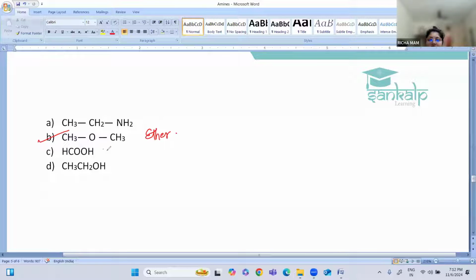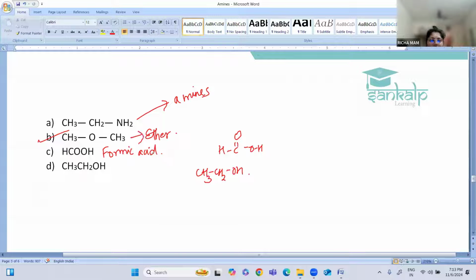So this is a formic acid. This is the alcohol. This is the amine. And this is an ether.